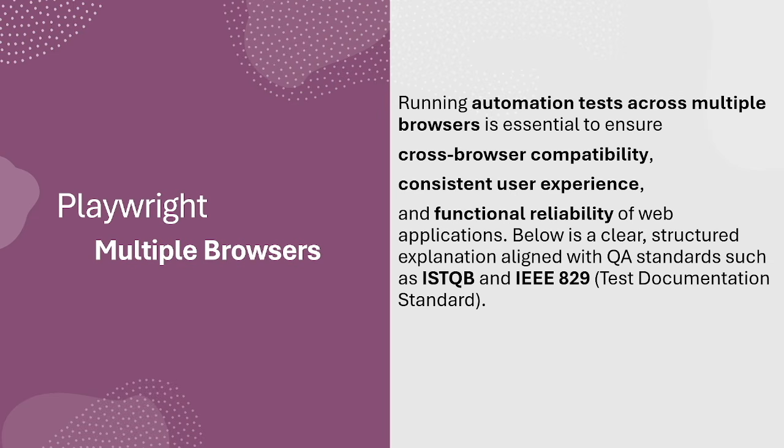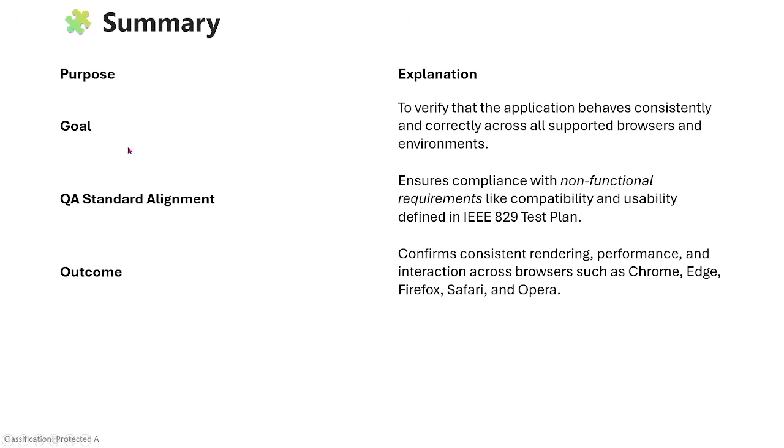Below is a clear structured explanation aligned with QA standards such as ASTQB and IEEE 829 test documentation standards. Summary. Goal: to verify that application behaves consistently and correctly across all supported browsers and environments.